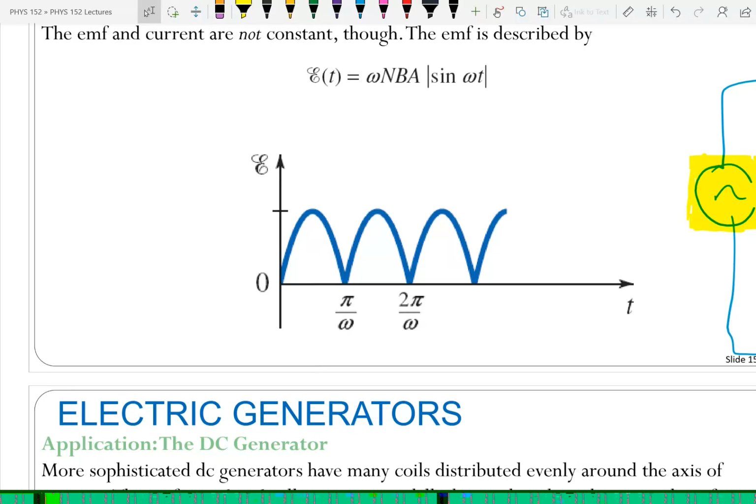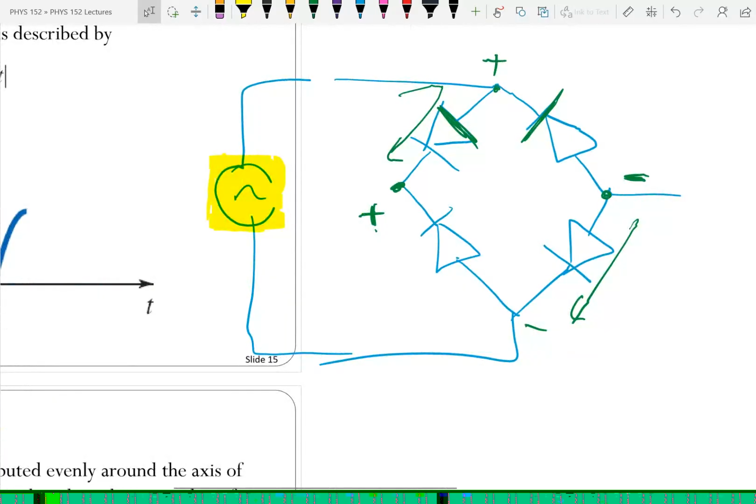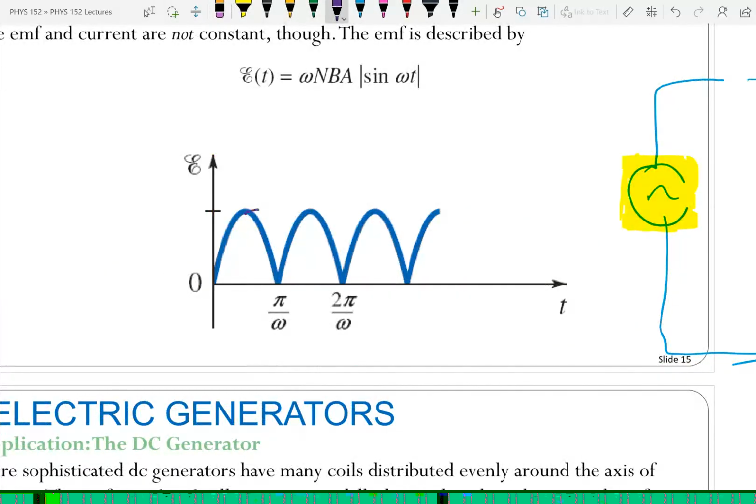So if we take a capacitor and we put a capacitor in here, that capacitor is going to make it so it goes like that. It'll discharge some, but not very much. And so that gives us a much more constant voltage, causing us a lot less problems, things like interference with our radio and that kind of stuff.